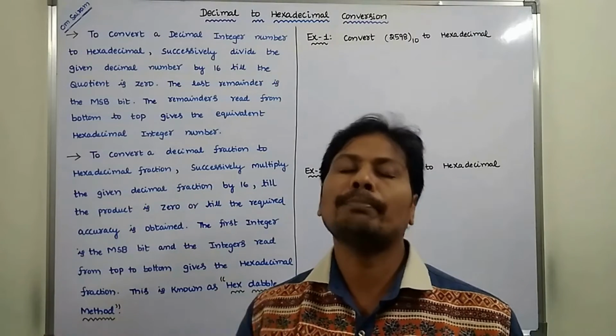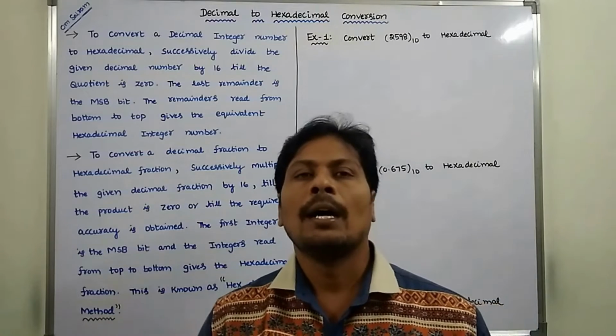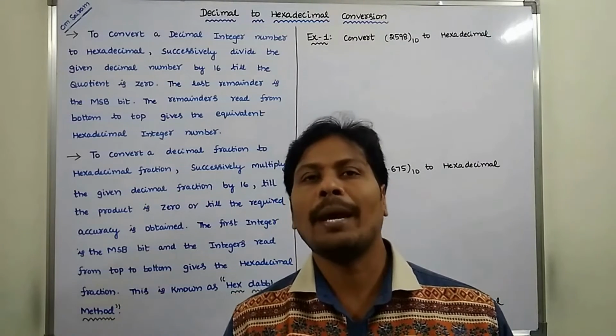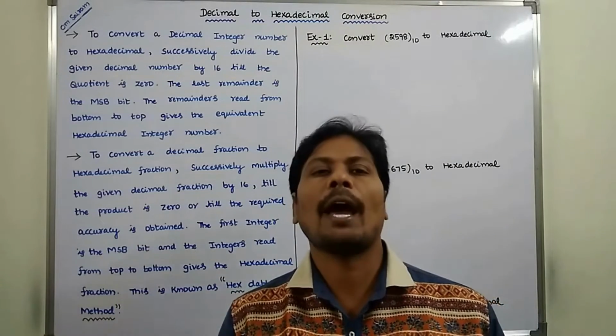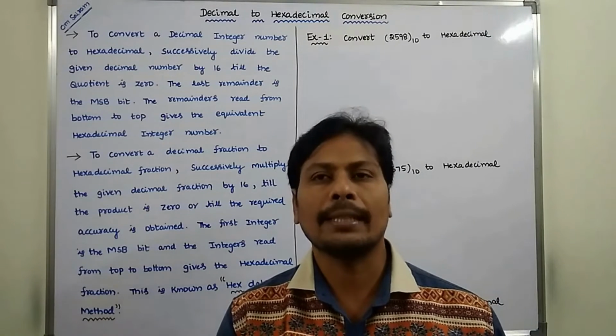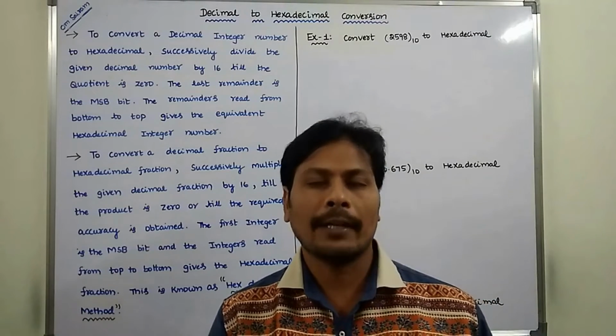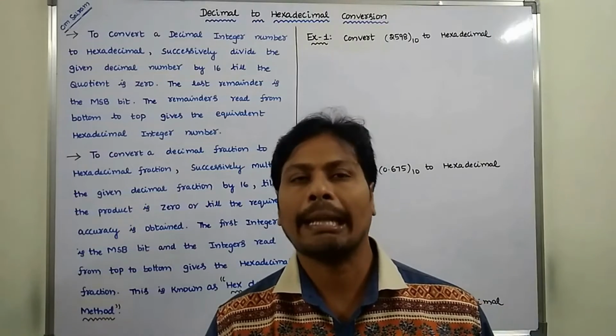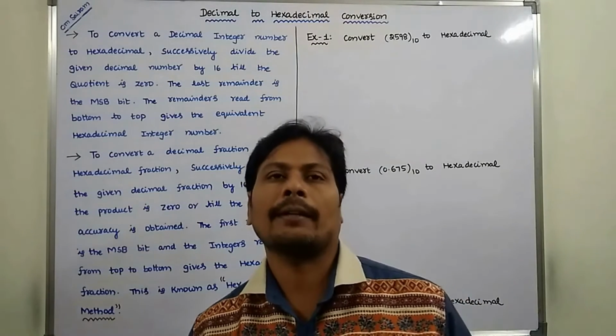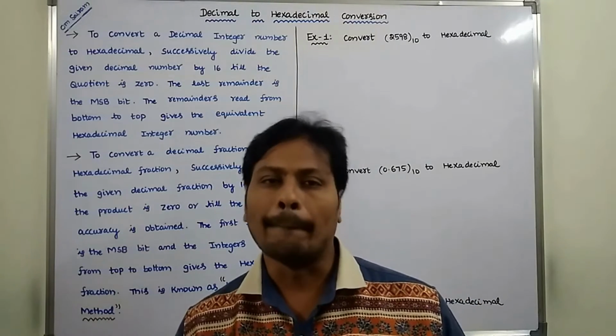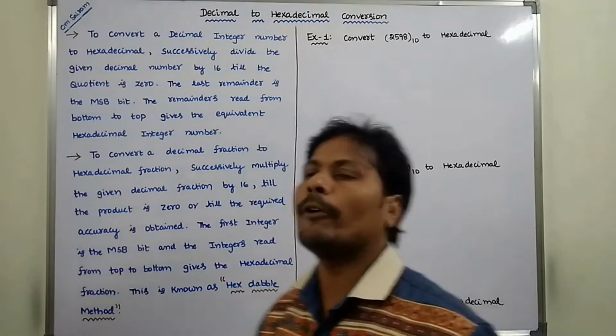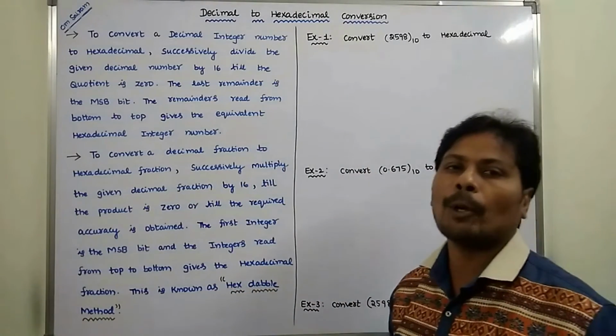For the fraction part, we have to use the successive multiplication by 16 method. Then we have to combine both method results, and we get the equivalent hexadecimal number for the given decimal number. Okay, now we go for some example problems.